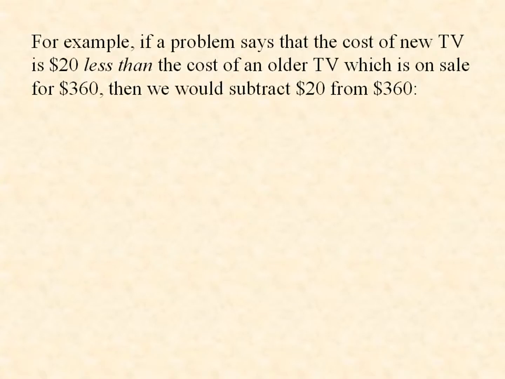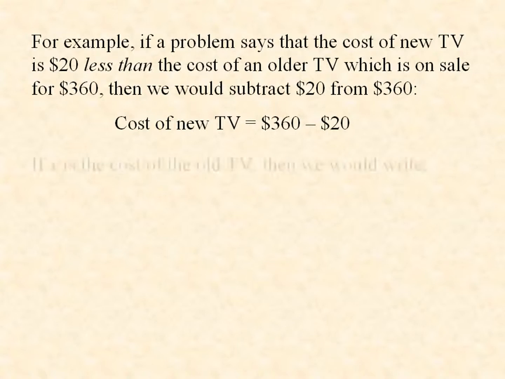For example, if a problem says that the cost of a new TV is $20 less than the cost of an older TV, which is on sale for $360, then we would subtract the $20 from the $360. The cost of the new TV is $360 minus the $20.